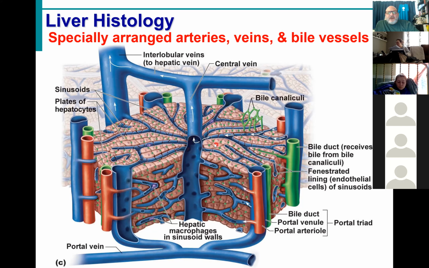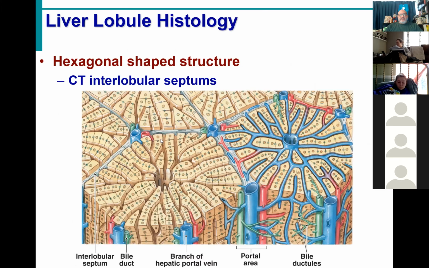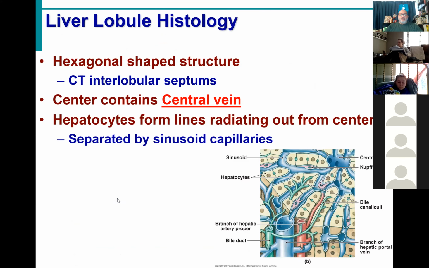At the same time, the hepatocytes are making bile, feeding it into the bile canaliculi, which feed it out into the bile ducts to leave the liver and either go into the stomach, into the small intestine, or to be stored in the gallbladder. Here we see it with another nice illustration, again showing those portal triads in the connective tissue septums. We did all that.